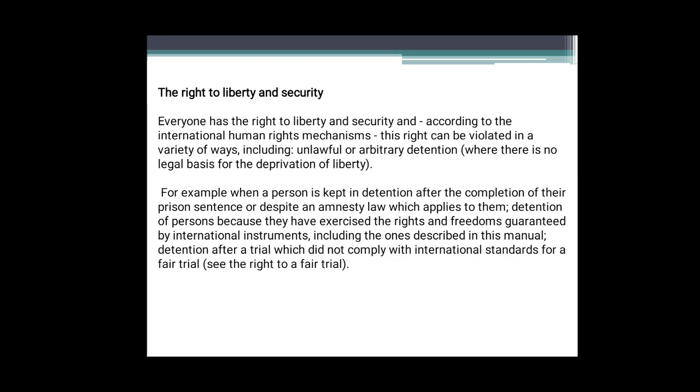For example, when a person is kept in detention after the completion of their prison sentence or despite an absence of law which applies to them. Also detention of persons because they have exercised the rights and freedoms guaranteed by international instruments, including the ones described in this manual, and detention after a trial which did not comply with the international standards for a fair trial.